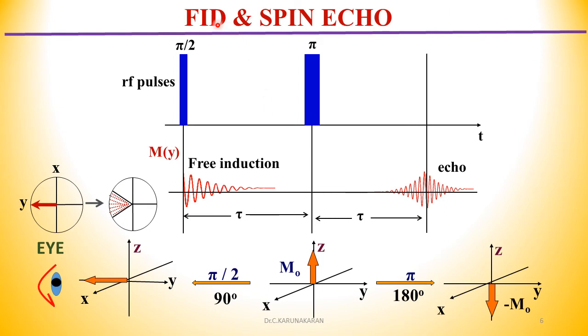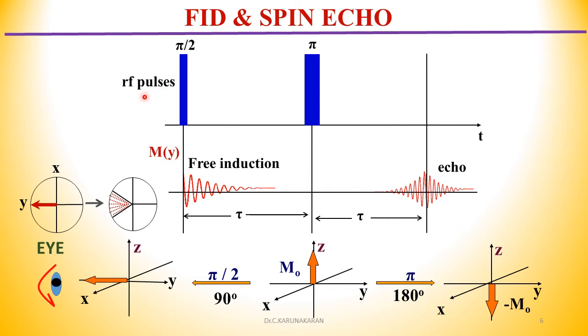Here we will see there are two important phenomena in pulse NMR or pulse EPR: free induction decay, FID, and spin echo. These are very important in ESR, pulse NMR spectroscopy, or pulse EPR spectroscopy. This is very simple if you understand the pi by 2 pulse.